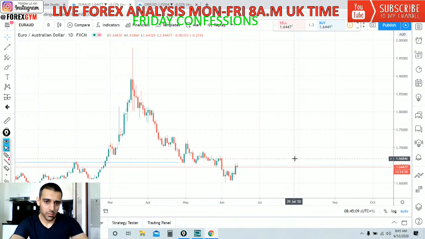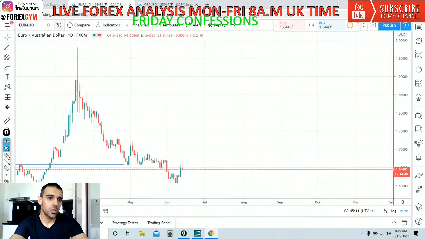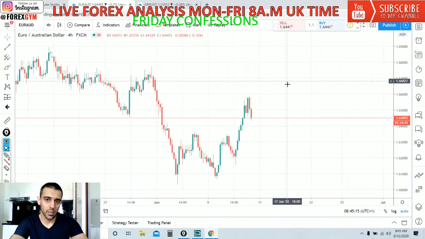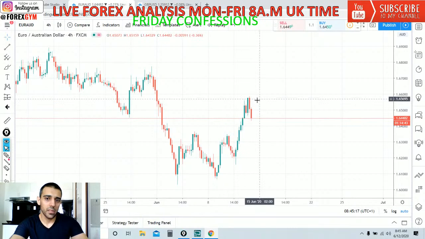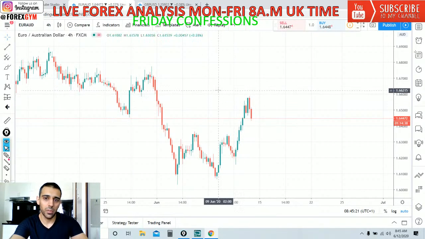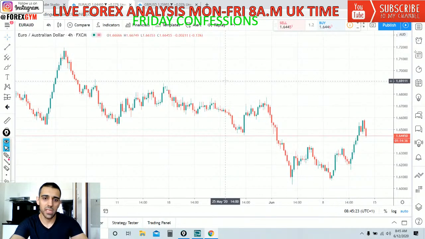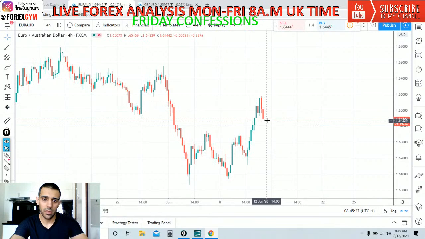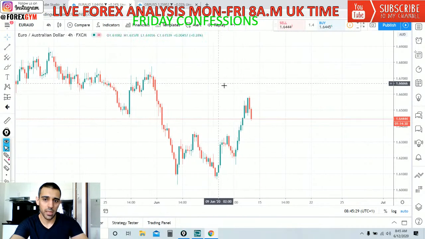Let's go to a shorter time frame and see what we have on the 4 hourly and 1 hourly. Okay, on the 4 hourly time frame, we see that the price is obviously having a reaction at that resistance level, because it's a very strong resistance level. There's so much price action on that level, and now it's having this reaction towards the downside.